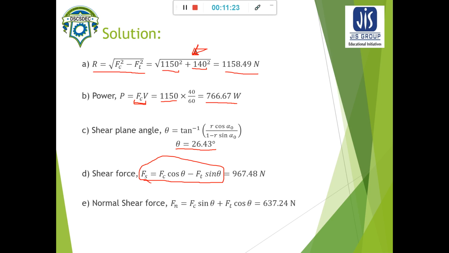That should be remembered. And another thing you should remember is the value of Fc and Ft in terms of Fs and Fn. All those things are given in the PPT of the last class or the class before the last. So you will have to remember those.